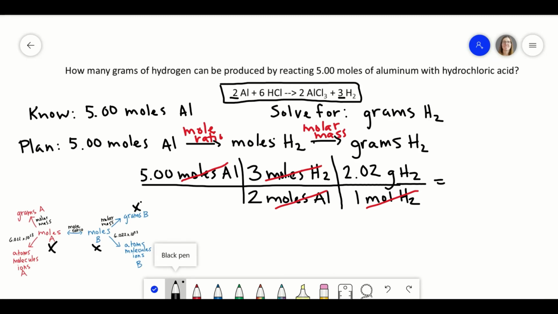And so now we would plug this into our calculators. We have the final unit of grams of H2, which is what we want to solve for. And when we plug this into our calculators, we end up with a value of 15.15 grams of H2.